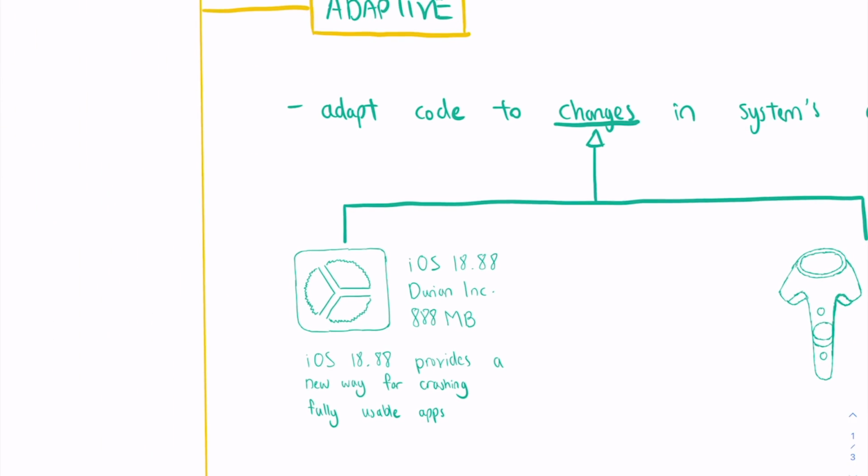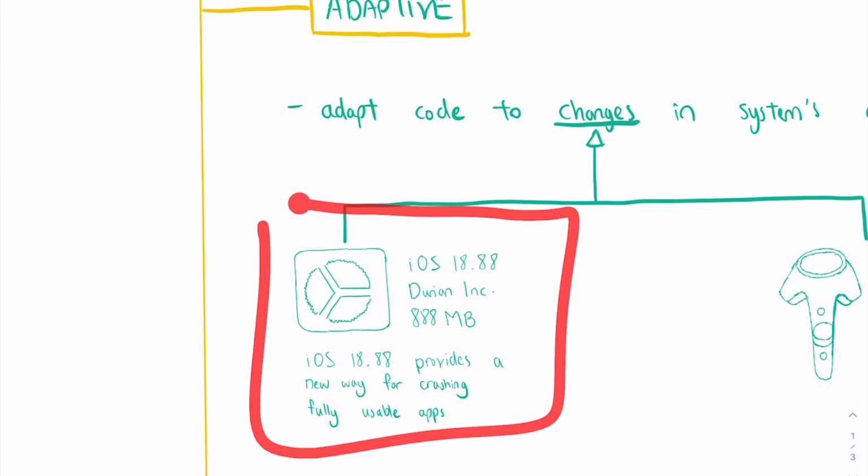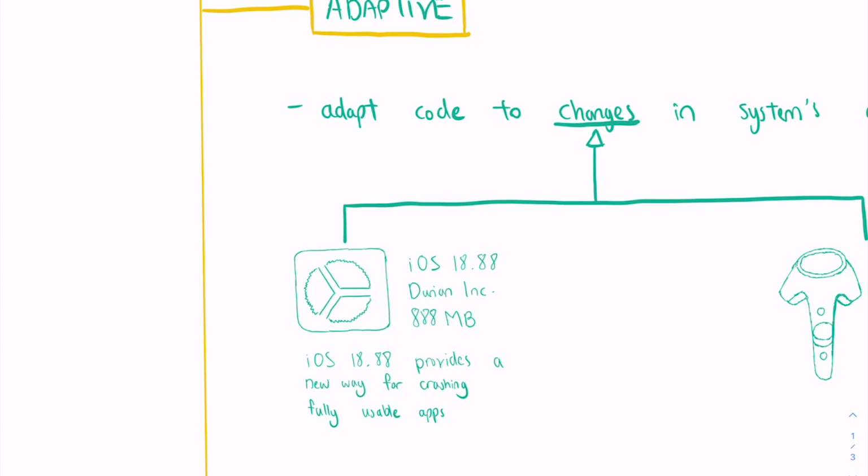For example, the most common change that we will encounter is the operating system. Most software relies on some form of operating system to run. In this case, if iOS comes up with a new version, it's pretty common that your app may not function in the way that you have expected.